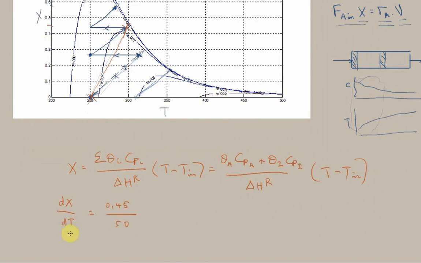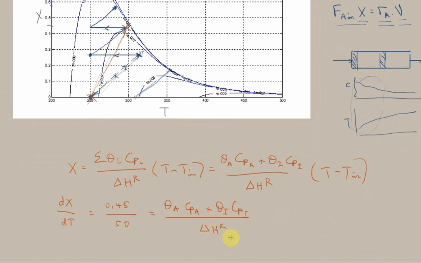So that's our slope, and if we look at this equation here, dX/dT is simply going to be this stuff here, so that's equal to theta A C_PA plus theta I C_PI over the heat of reaction.